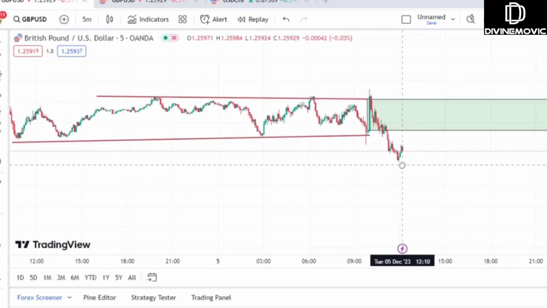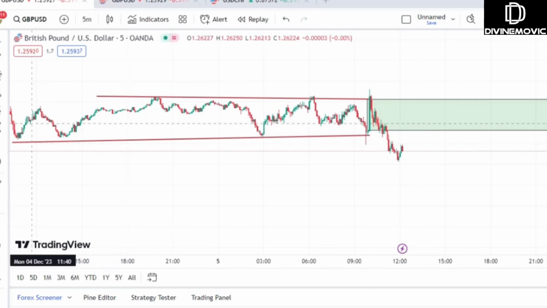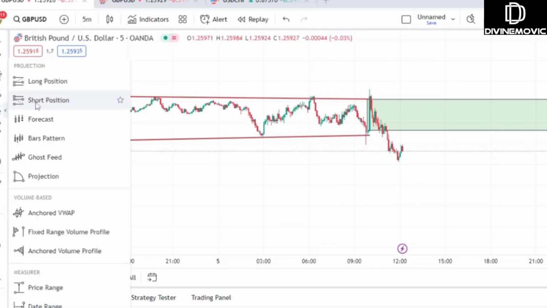So what I'm going to wait for now is for price to come back to this zone here, and I'll look for a possible sell entry from this zone.